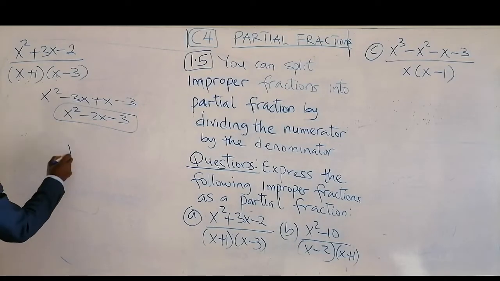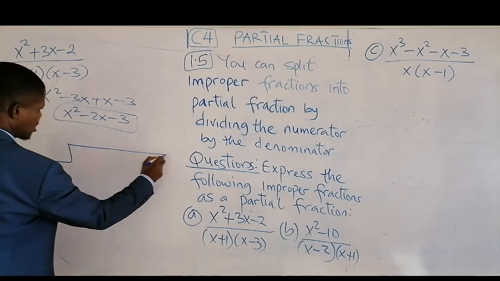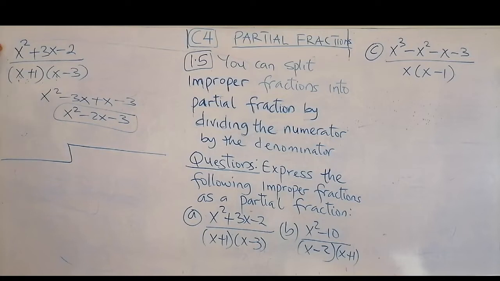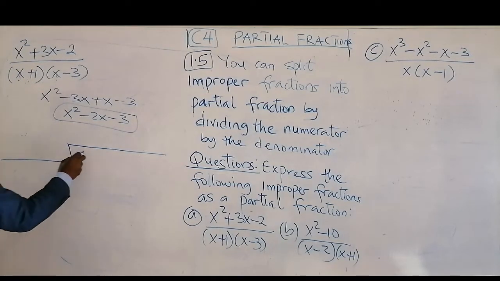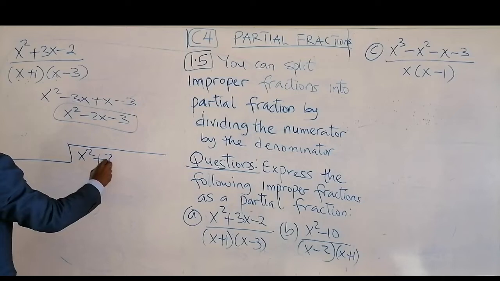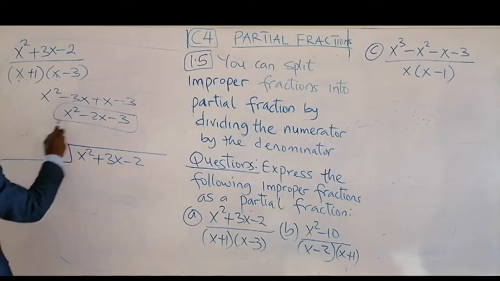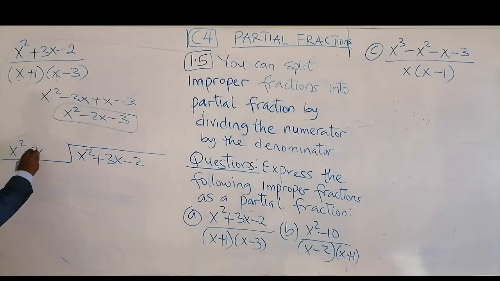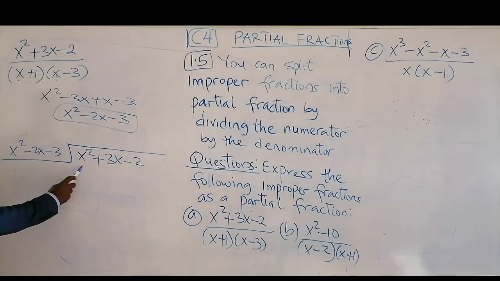So let's do the long division, because this is an improper fraction, whereby the numerator is of power 2 and the denominator is of power 2. I have x squared plus 3x minus 2 divided by x squared minus 2x minus 3. What can I multiply the first term by to get x squared?